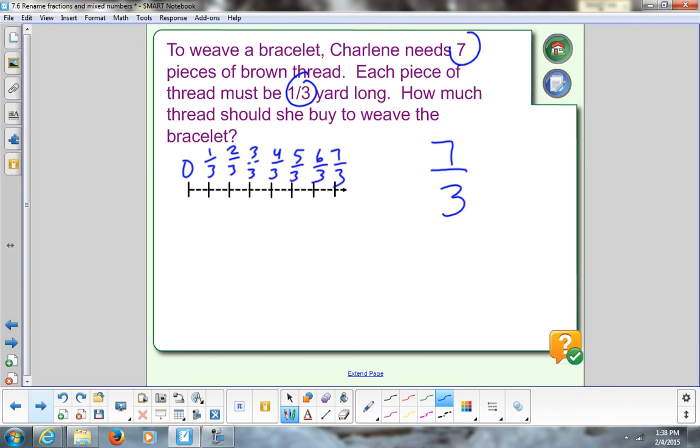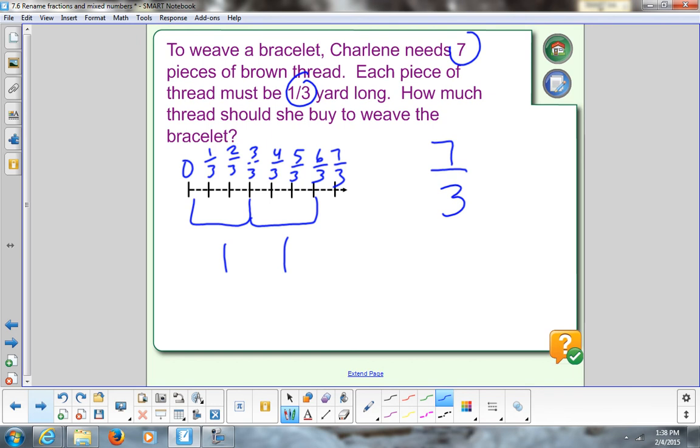Okay, and I want to make this into a mixed number. How do I make this into a mixed number? Come on, Dragon. 3/3 is a whole, so there's one whole. Another 3/3 is another whole.